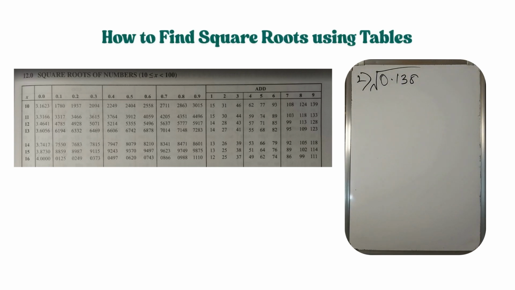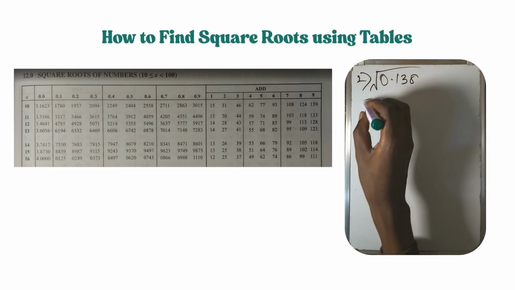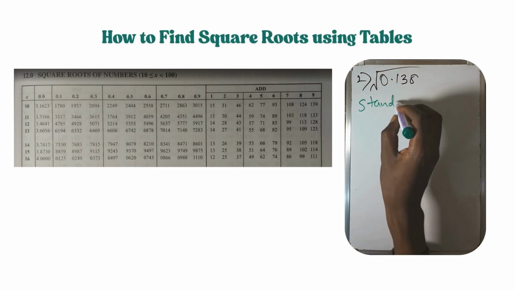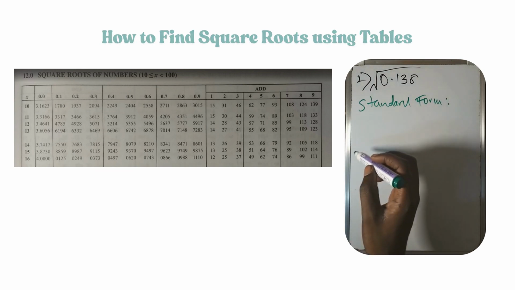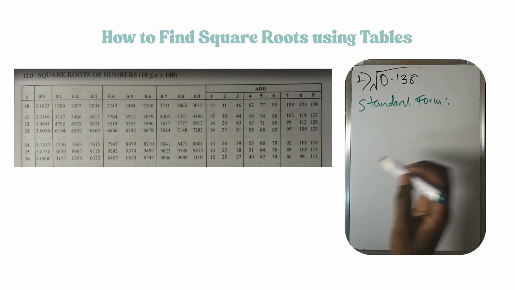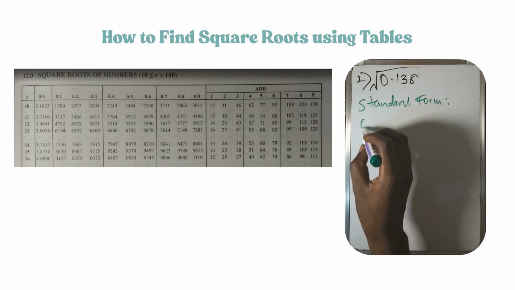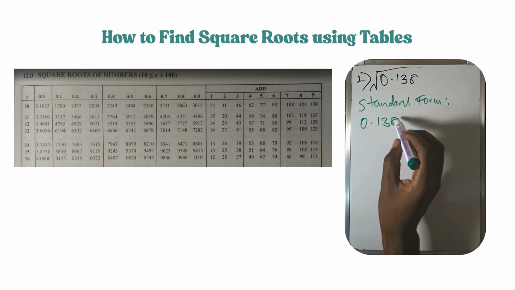Let's express it as a standard form, and remember that the exponent must be divisible by 2. So our standard form will be such that the exponent is divisible by 2. Now look at this.